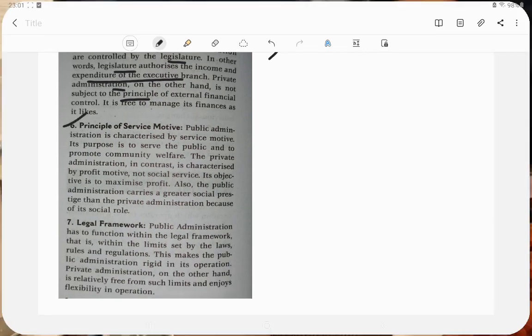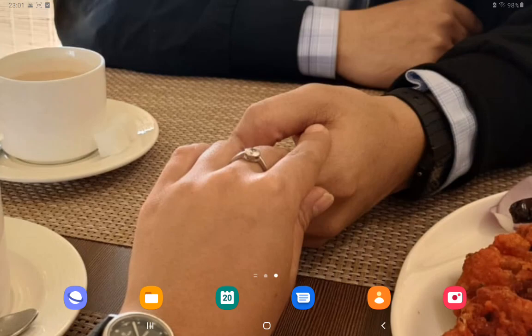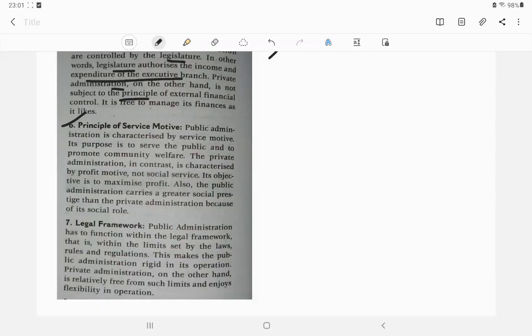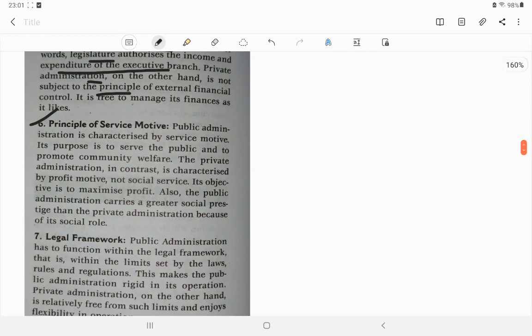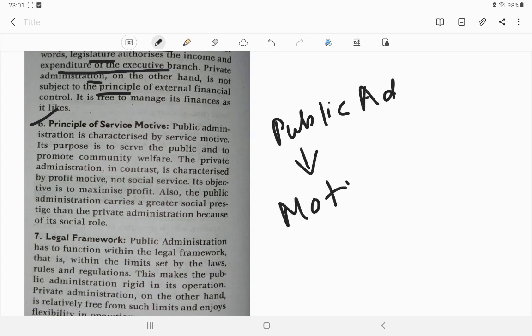Next, the principle of service motive. The principle of service motive is that public administration's main motive is what? Public service, that is serving the people.